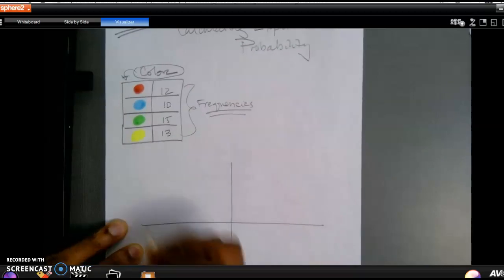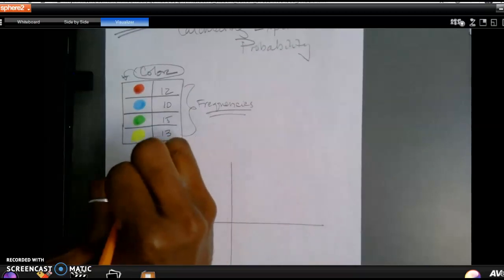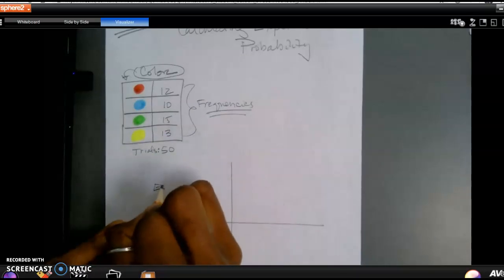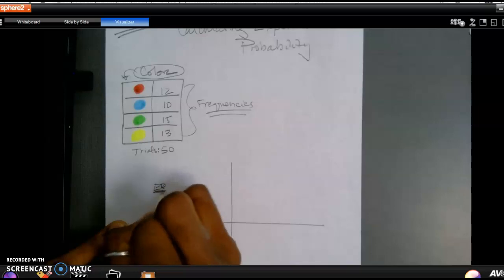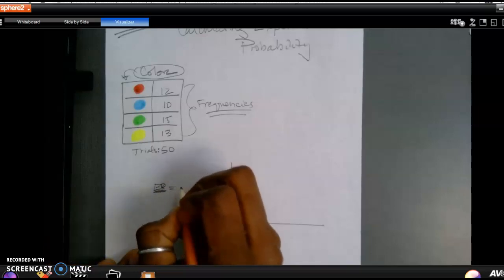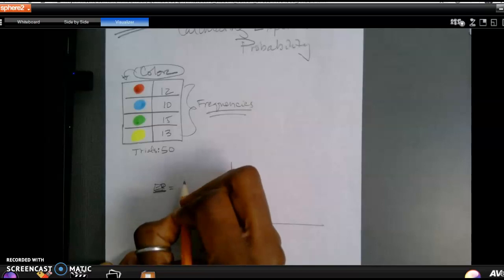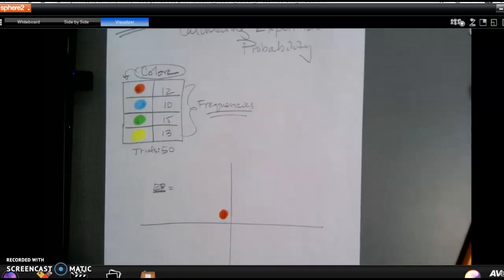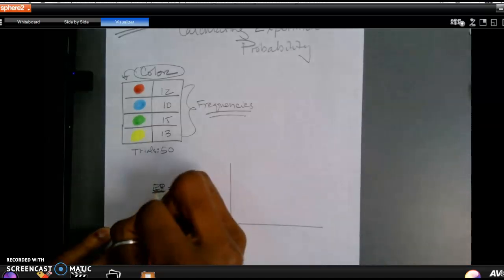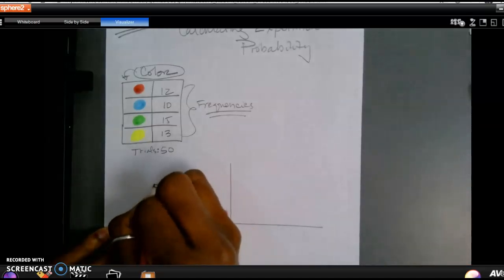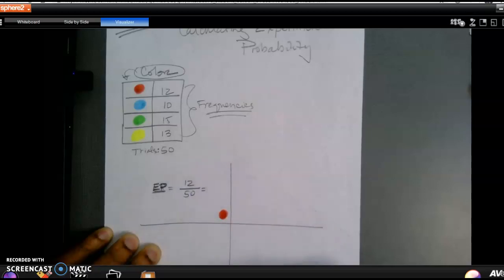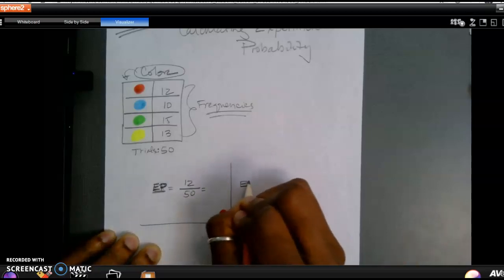Now, if you remember, we know that there are 50 trials, and I'm going to set out my experimental probability, okay, and I'm just going to call that EP, as the number of times that something occurred. So for the color red, for instance, we have EP, the number of times that something occurred, that's 12 over 50. And I'm going to simplify that out, but I want to set up everything first.